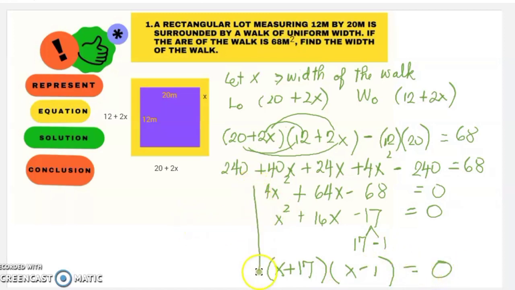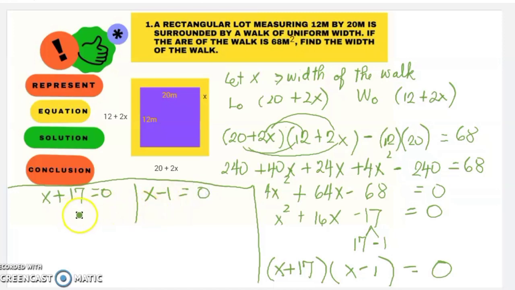So, we have two solutions. x plus 17 equals 0. The other one is x minus 1 equals 0. So, x is equal to negative 17 and the other one is x is equal to positive 1.